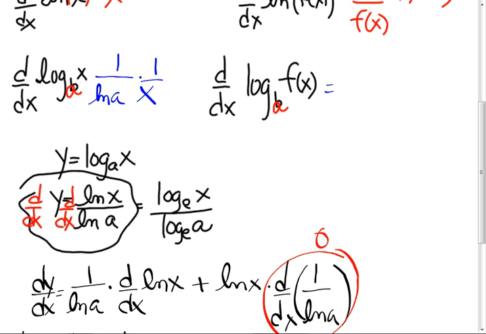So what's this going to be? 1 over the natural log of a. And if it were base e, it would be the natural log of e. But what is the natural log of e? 1. Times 1 over whatever's in there, which is f of x, times the derivative of f of x, which is f prime of x.